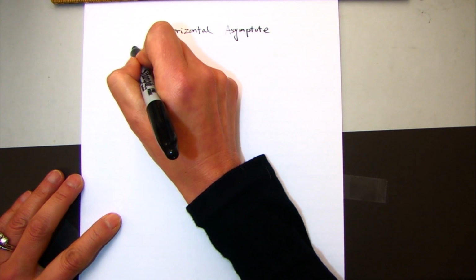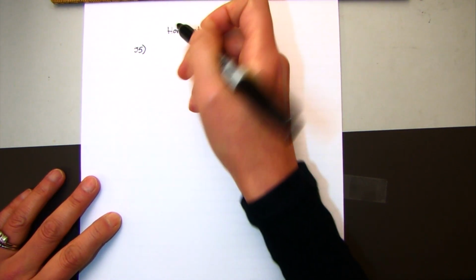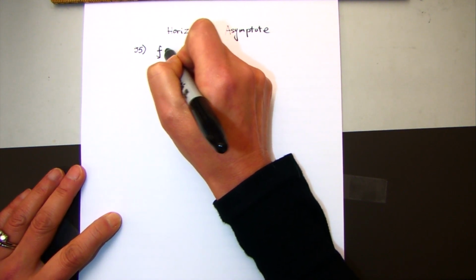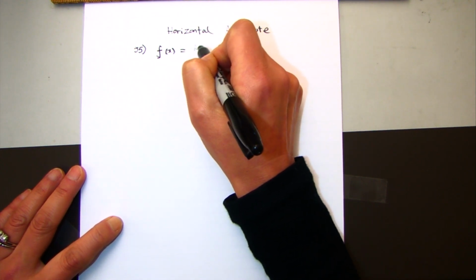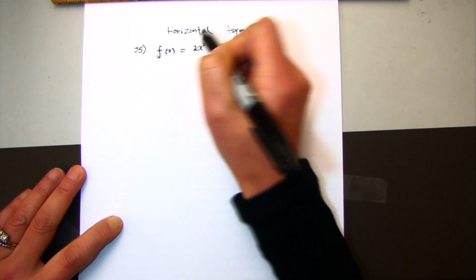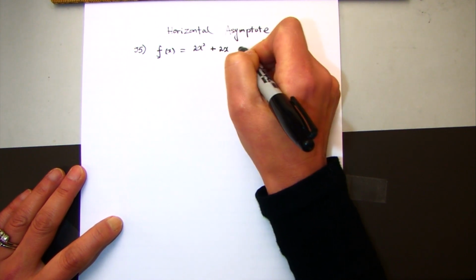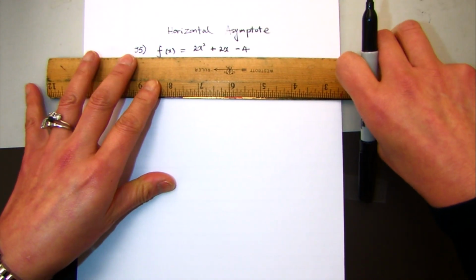Follow me here. So I'm just going to do that one question on number 55. In homework, we were asked to do more than just finding horizontal asymptote, but I want to just single this part out and talk about it.